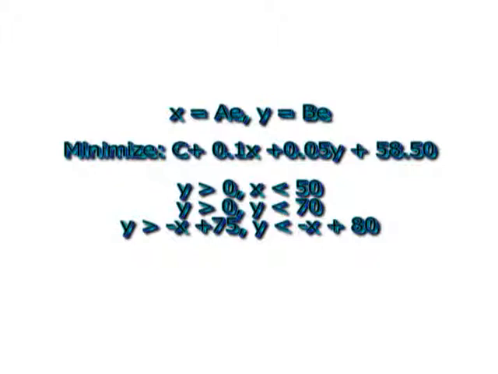To minimize cost, you would have 0.1x plus 0.05y plus 58.50, subject to the following: x is greater than or equal to 0, x is less than or equal to 50, y is greater than or equal to 0, and y is less than or equal to 70. Y is greater than or equal to negative x plus 75, and y is less than or equal to negative x plus 80.